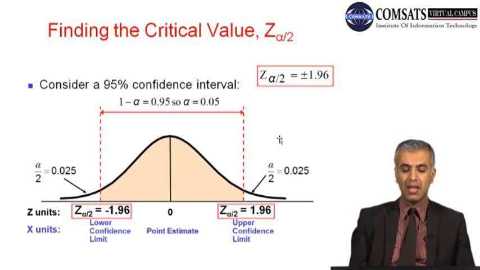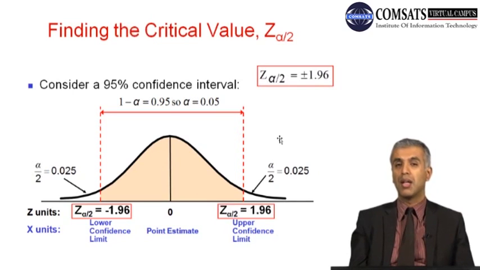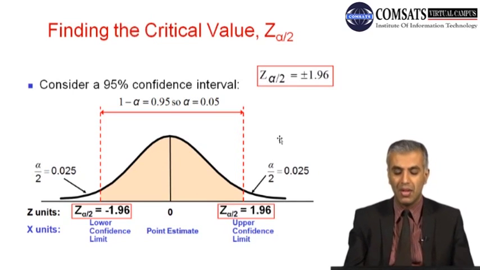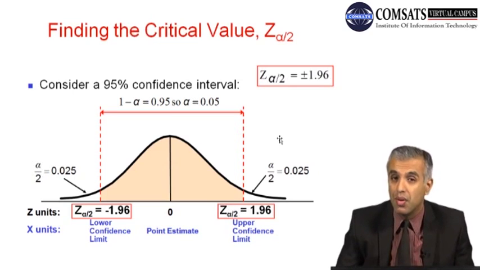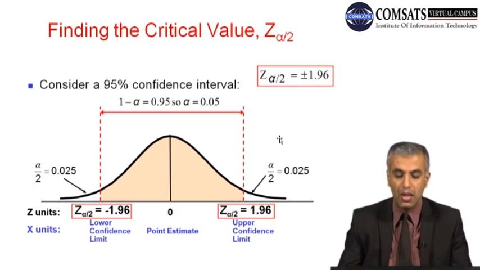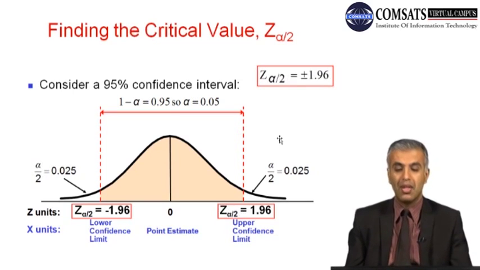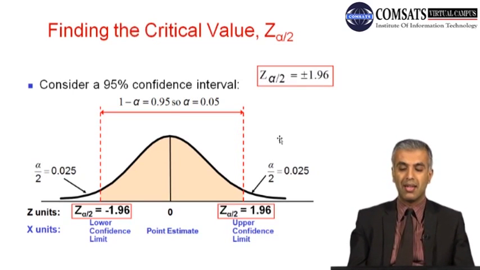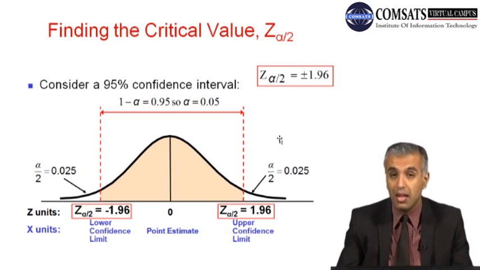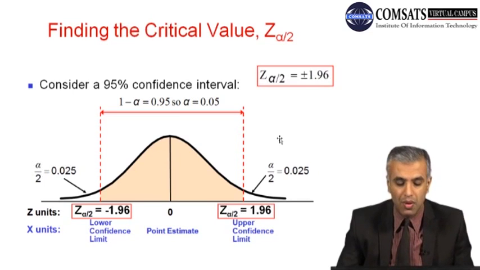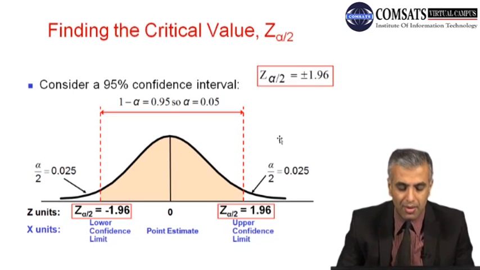Now here we are given the z value of minus 1.96, and the z value of 1.96 in the positive direction. So you can see that we have tried to calculate z alpha by 2, which would be 1.96 in the positive direction and minus 1.96 in the negative direction.